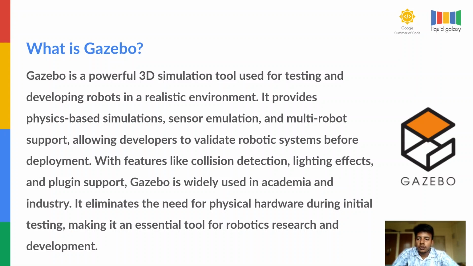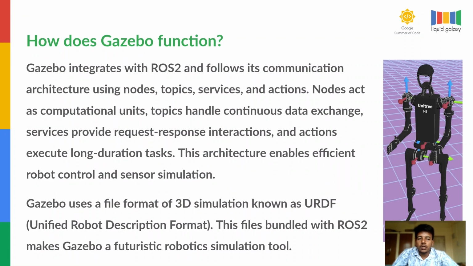Okay, fine. So next, how does Gazebo function? As Gazebo is a part of the ROS2 ecosystem, Gazebo is integrated with ROS2 and follows its communication architecture using nodes, topics, services, and actions. At the right side, you can see a unitary robot model that is built in Gazebo.